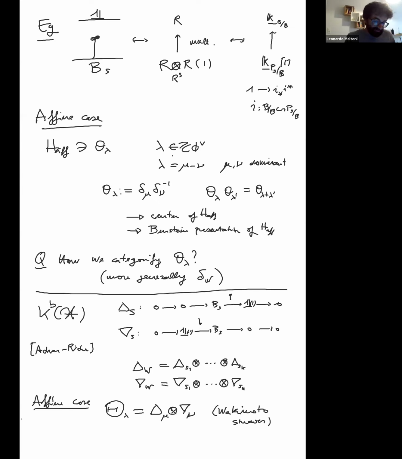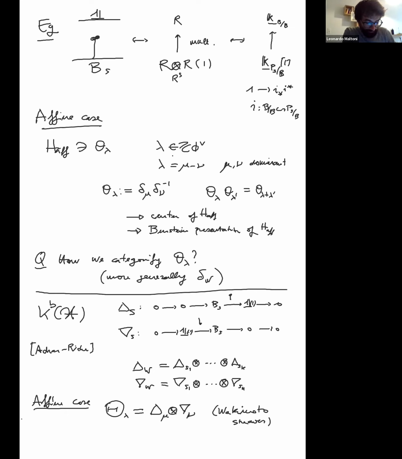This categorifies, so I didn't make explicit that the big delta W categorifies the little delta W, because delta S categorifies the delta S. You can see this by taking the triangulated Grothendieck group of KBH, and then you get that the class of delta S corresponds to BS minus V, which is exactly delta S, and nabla S corresponds to delta S inverse.